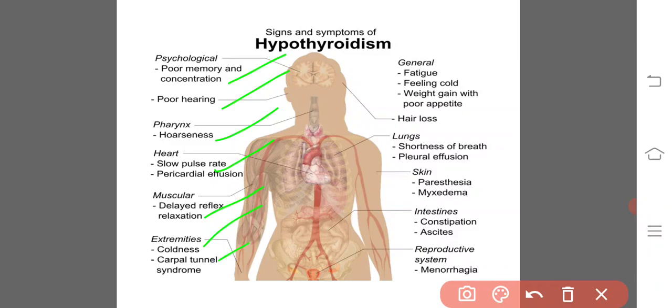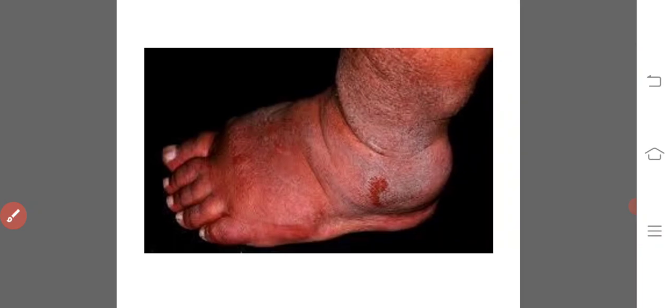Generally, fatigue, feeling cold, weight gain with poor appetite, hair loss, and shortness of breath, pleural effusion, then paresthesia, myxedema, constipation, ascites, and menorrhagia. So these all are the signs and symptoms of the hypothyroidism.